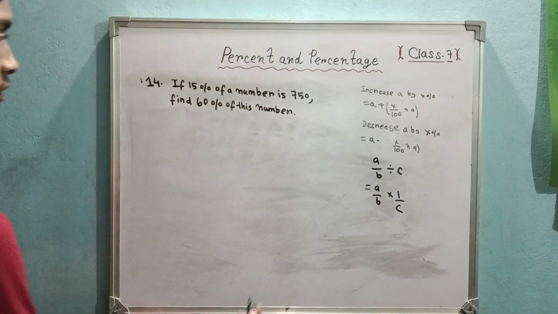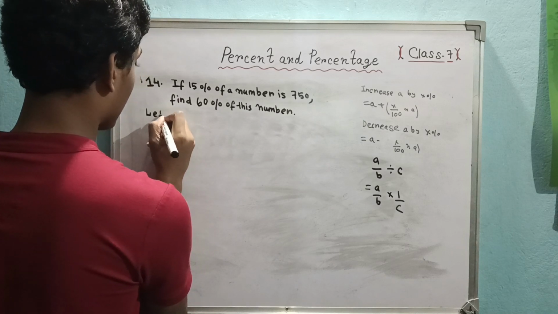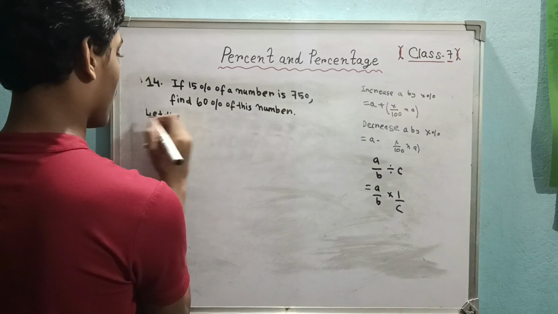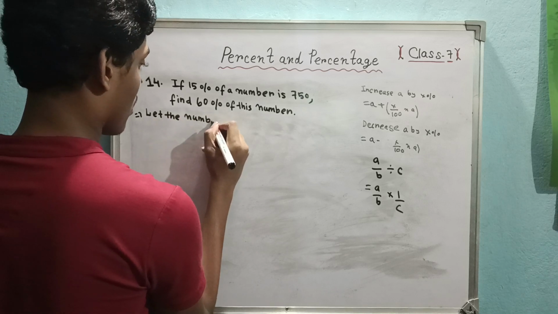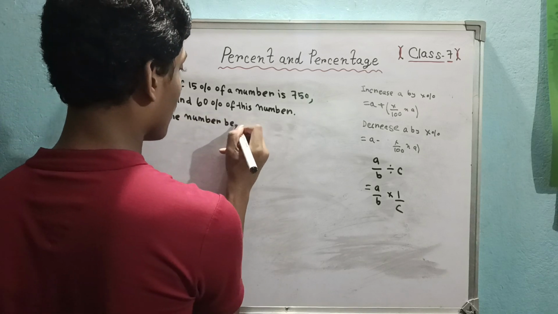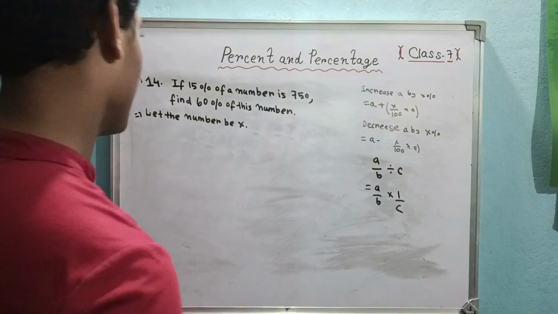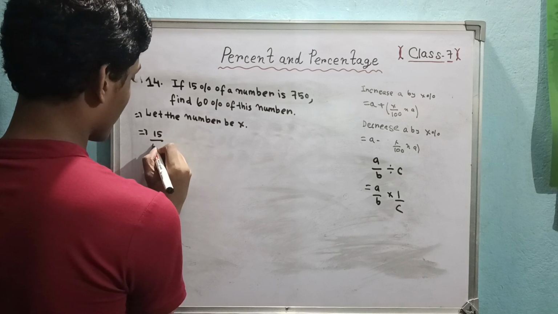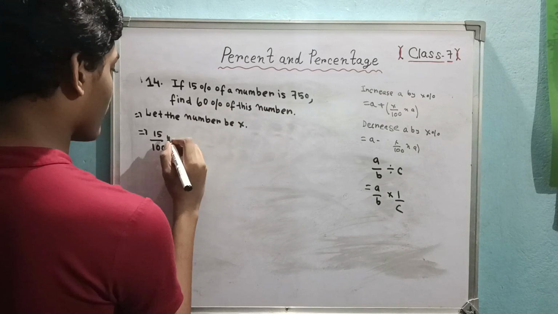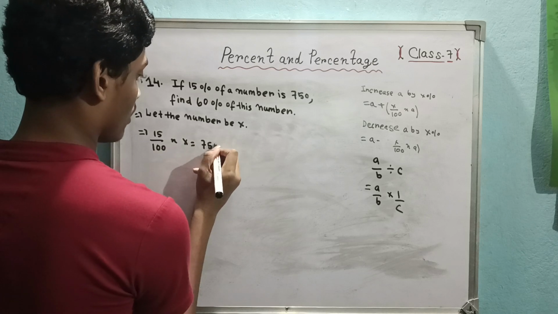We don't know what this number is, so let us take the number as x. Let the number be x. Good sum. Now the first statement is given: 15% of x is 750, or 15% is 15 by 100, of means multiplied, x equal to 750.